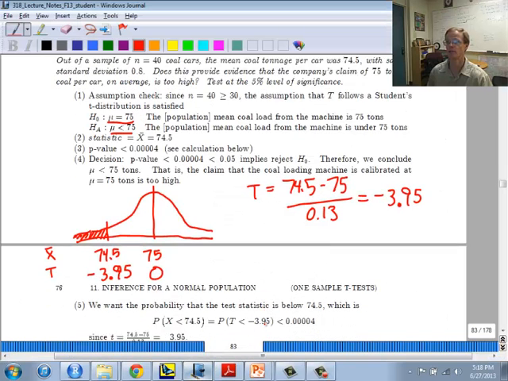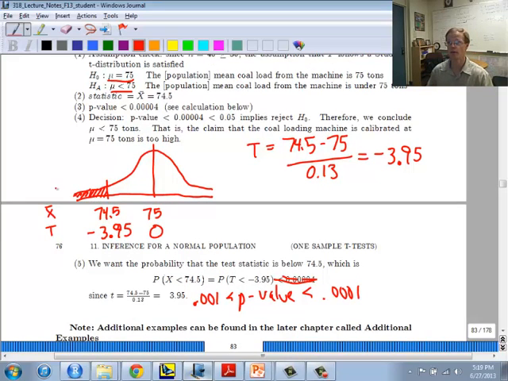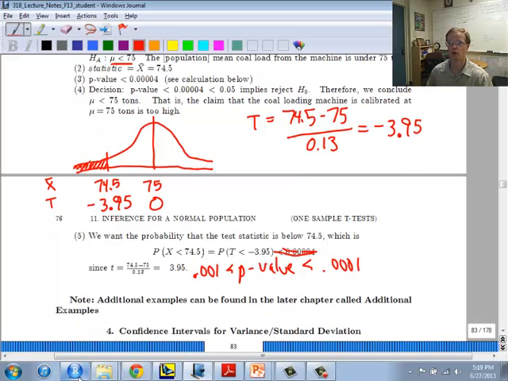That's the best that we can do. Okay, so let's just cross that off there, and we know that the p-value is between 0.0001 and 0.001.